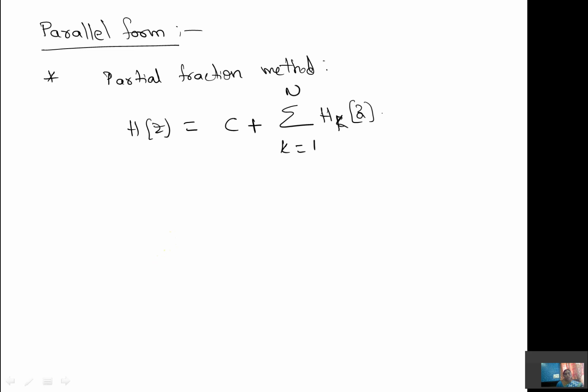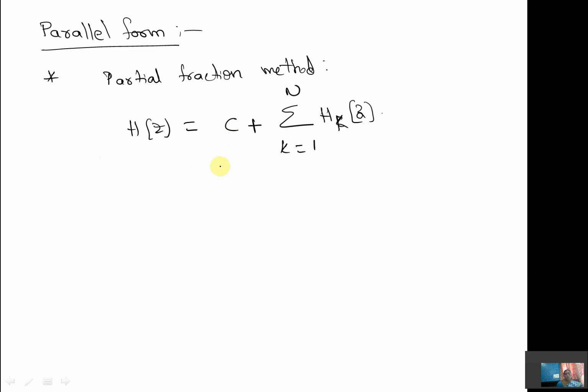If our H of z is not in that form, first we should do the division, until we reach that particular form, dividing the original rational function H of z.